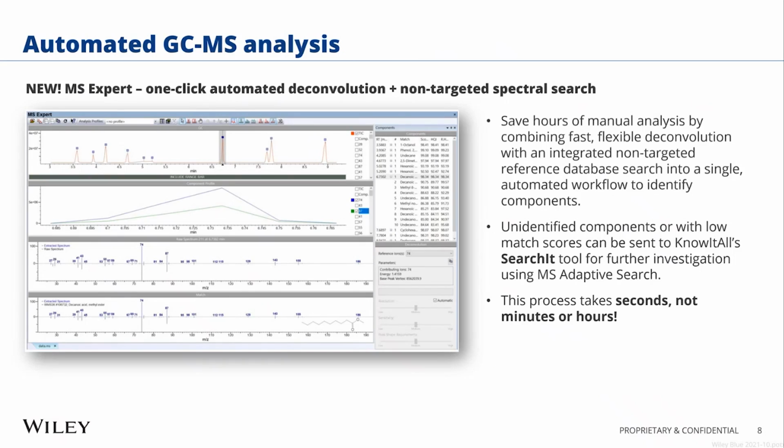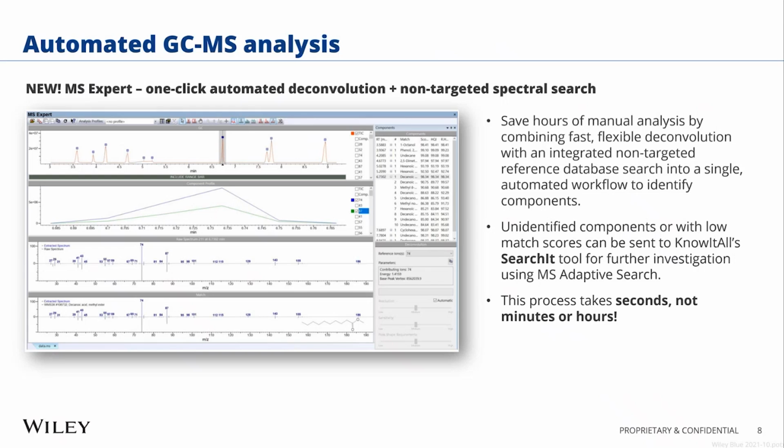Now let me tell you a bit about this new feature. MS Expert has one-click automated deconvolution and non-targeted spectral search. This can save hours of manual analysis by combining fast, flexible deconvolution with an integrated, non-targeted reference database search into a single automated workflow to identify components.